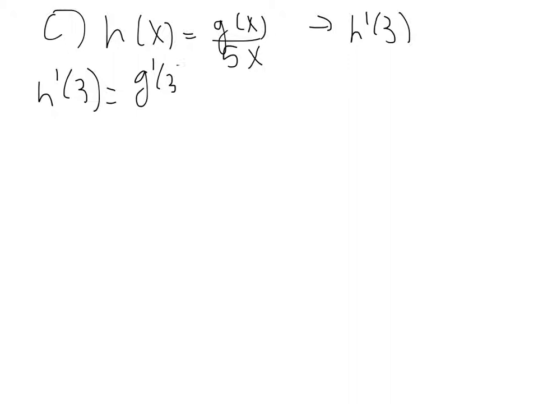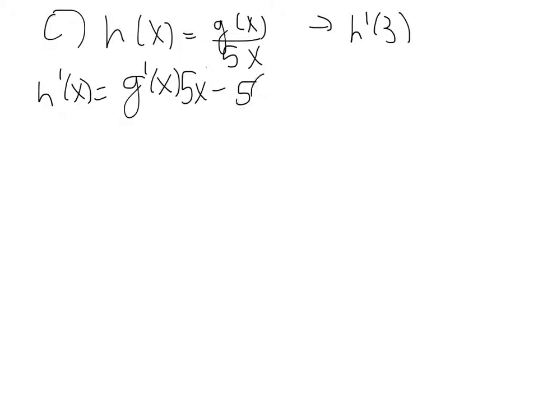So at first I'll just do h prime of x, and then we'll fill it in with 3's so that you can follow it maybe a little better. So that would be g prime of x times 5x minus 5 times g of x all over 25x squared.